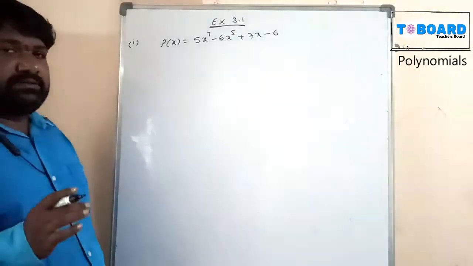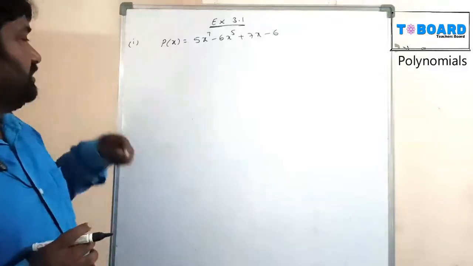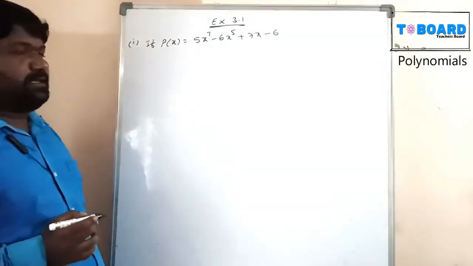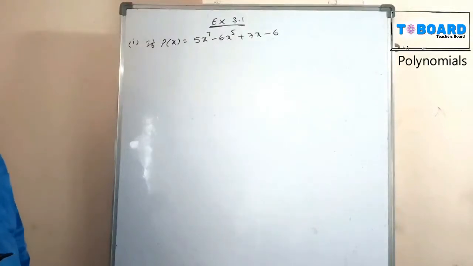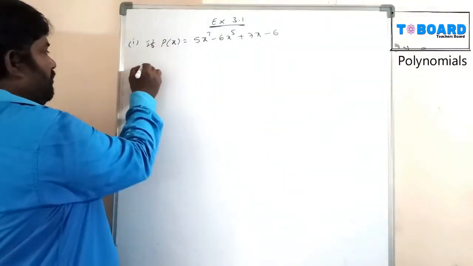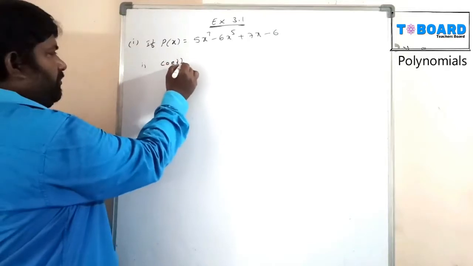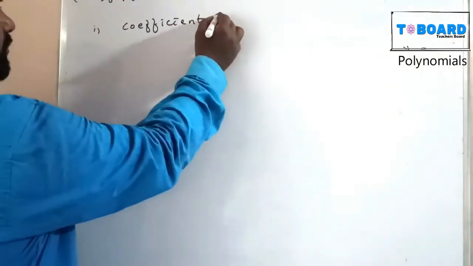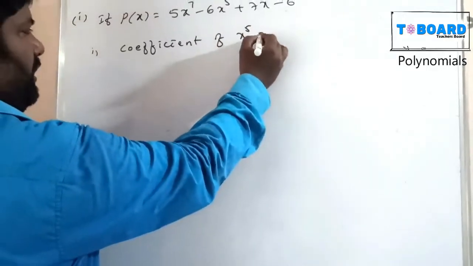Okay, exercise 3.1, first question. If p of x equals 5x power 7 minus 6x power 5 plus 7x minus 6. In this first question, the coefficient of x to the power of 5.